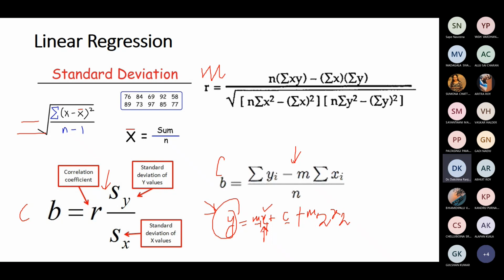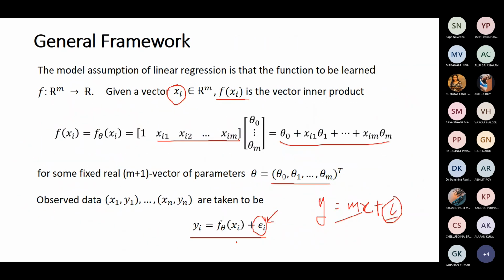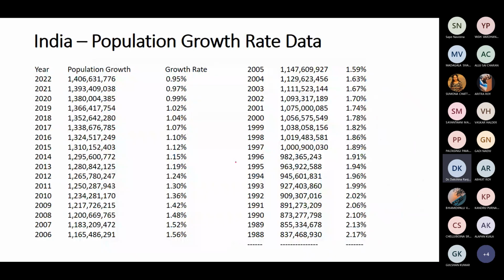Now in the last class we talked about the population density estimation problem, where there are three different attributes, one for year, another for population growth, another for growth rate.